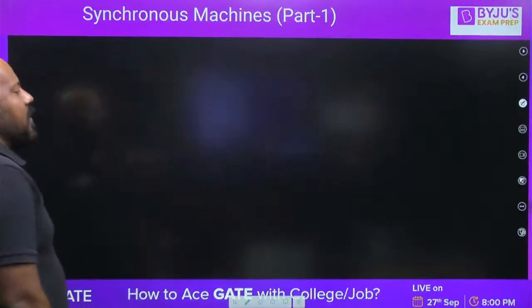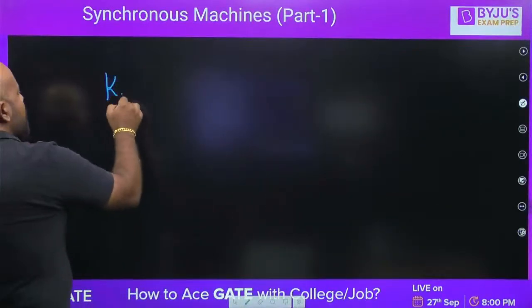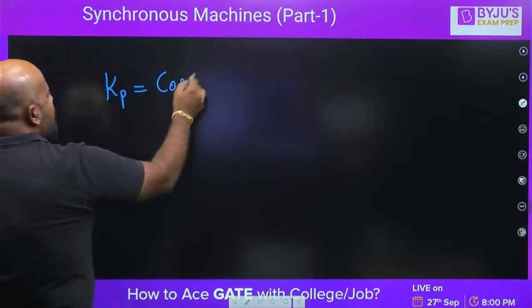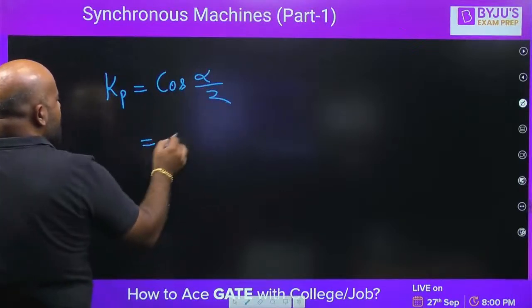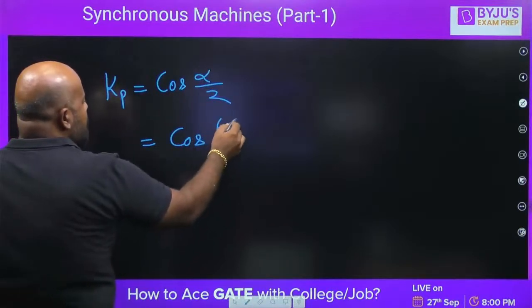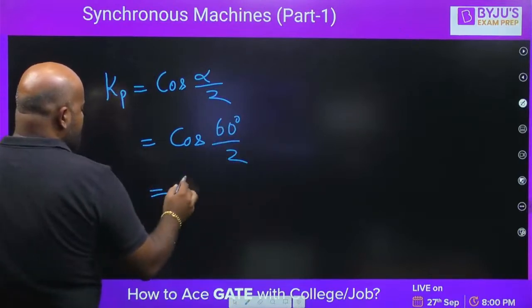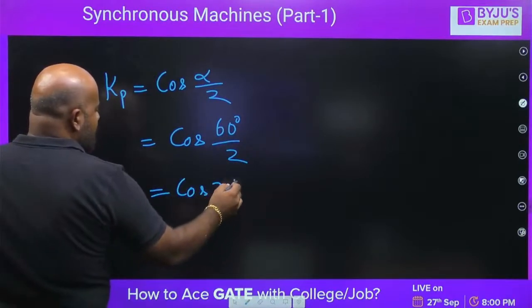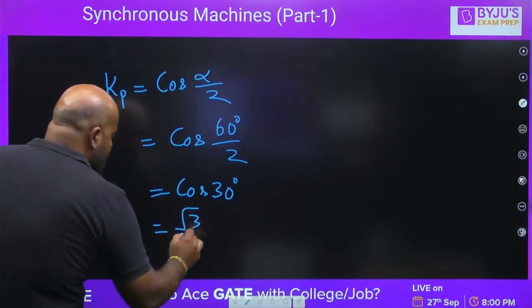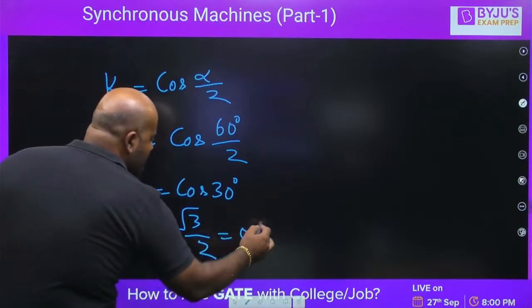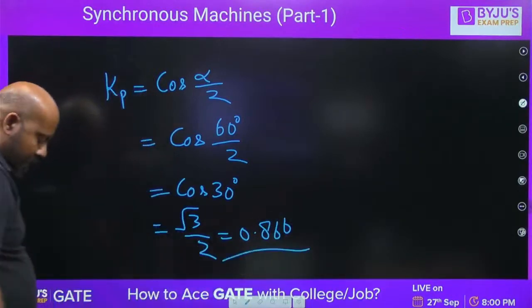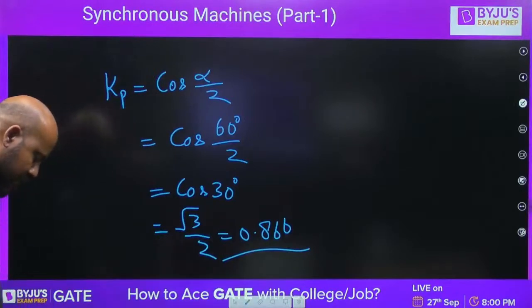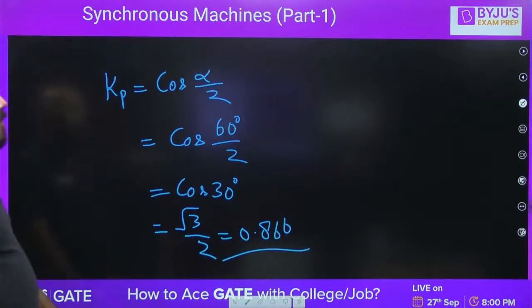So what is the pitch factor? Pitch factor we are defining as cos alpha by 2. So this is cos 60 degree divided by 2, this is cos 30, that is root 3 by 2 or 0.866. So 0.866 is going to be the pitch factor.